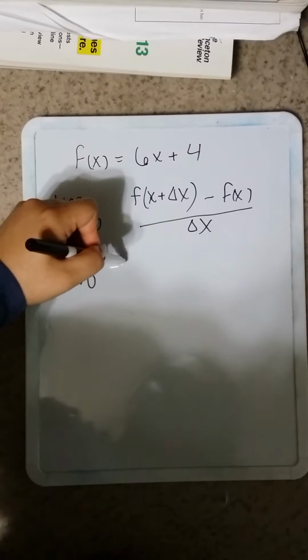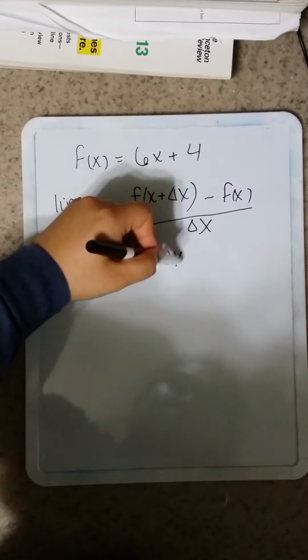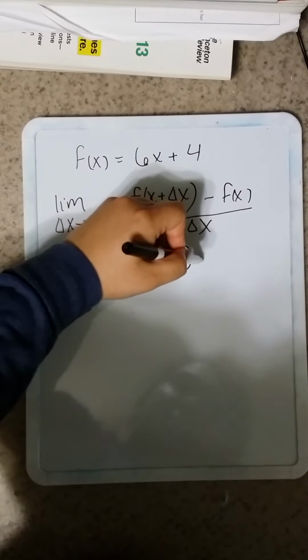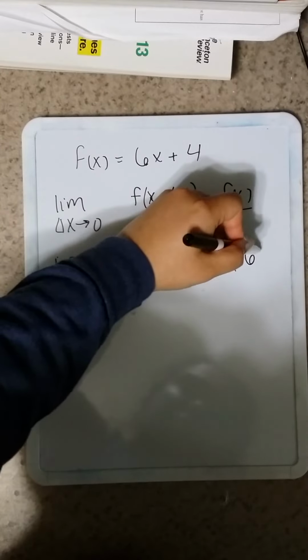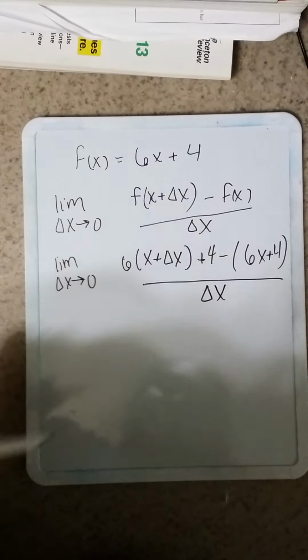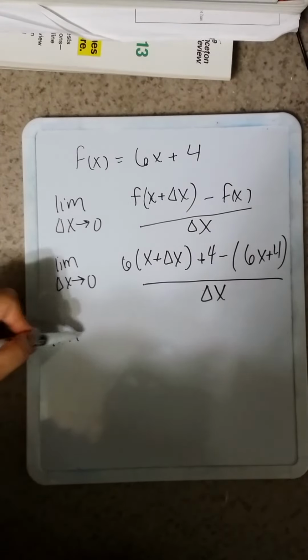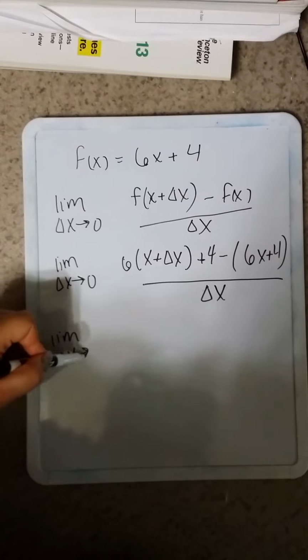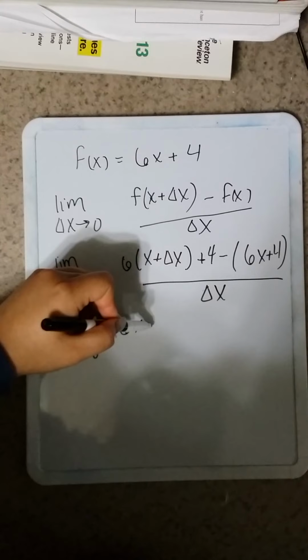So it's going to be 6 times x plus change of x, plus 4, minus 6x plus 4, all over change of x. We're going to distribute all that out and get it simplified and easy to read.